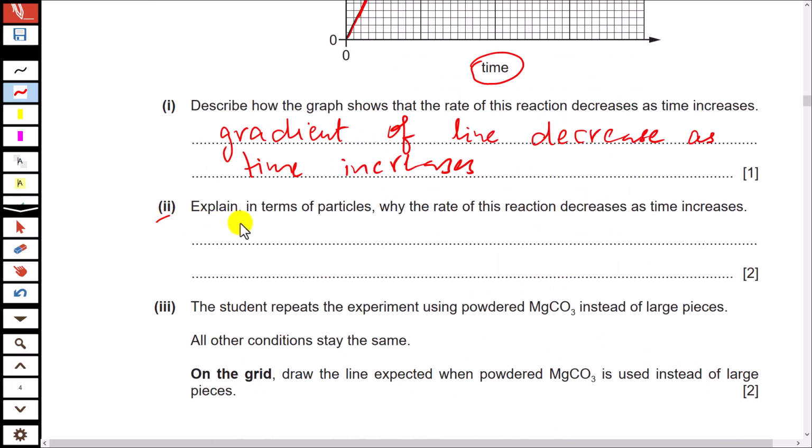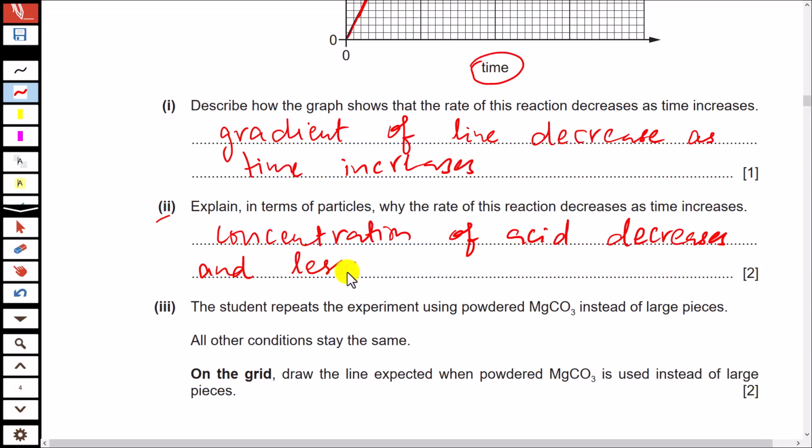Second part: explain in terms of particles why the rate of this reaction decreases as the time increases. When hydrochloric acid starts reacting with magnesium carbonate, the concentration of acid decreases with time, and there are fewer collisions of particles per unit time.